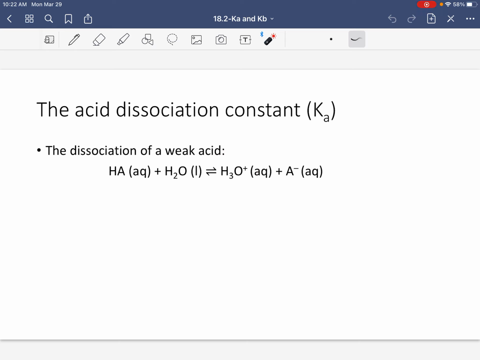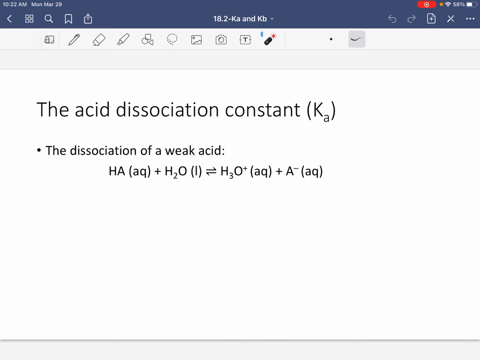H3O becomes H2O by donating a proton. This guy is a conjugate acid, which makes this, of course, the conjugate base, because A will receive the H donated here to become this, conjugate base for short.